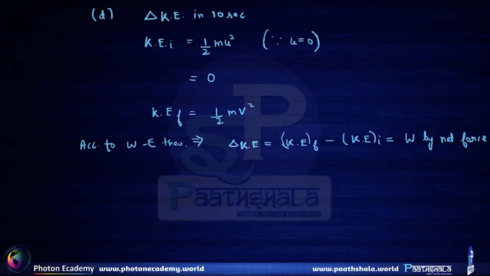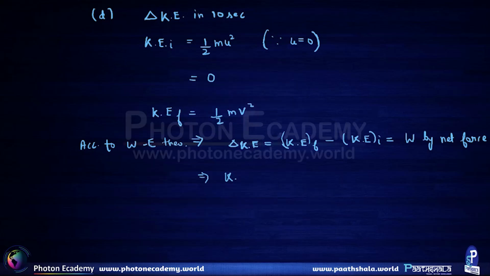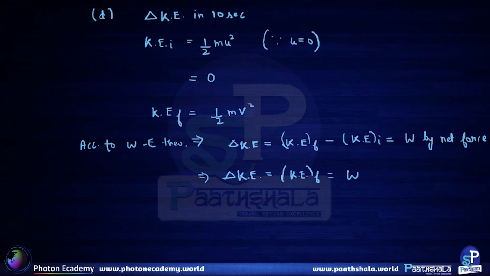Therefore, as KE initial is 0, delta KE, which is equal to KE final, will be W, and W we calculated as 635.04.